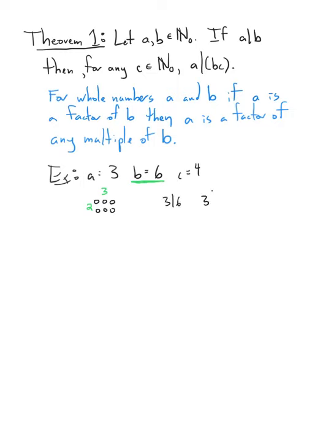And we want to say 3 is a factor of 6 times 4, which is 24. So if it's a multiple of 6, then we're just going to add copies of these 6 dots to this diagram and show that we can still draw it as a rectangle where one of the dimensions is 3. So that's pretty easy. We'll just draw 3 more copies.